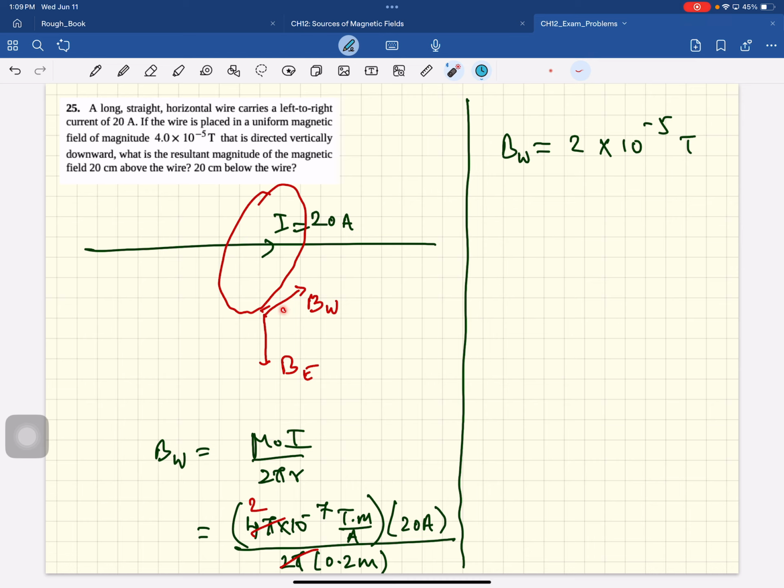So this and the Earth's magnetic field are comparable. About a foot away, the field produced by a 20 amp current and the Earth's magnetic field are comparable. Now, what is the total field?